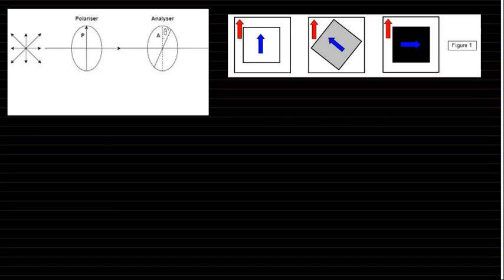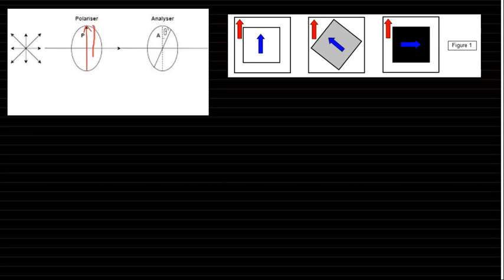The law of Malus states that the intensity of the light coming out of the analyzer depends upon the angle between the axis of the polarizer and the axis of the analyzer. That means this angle, theta.